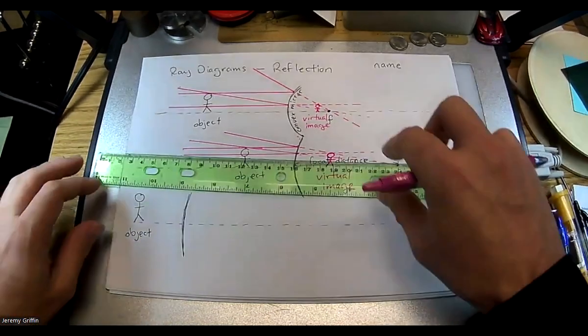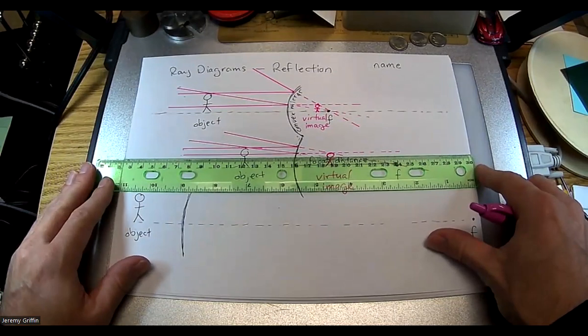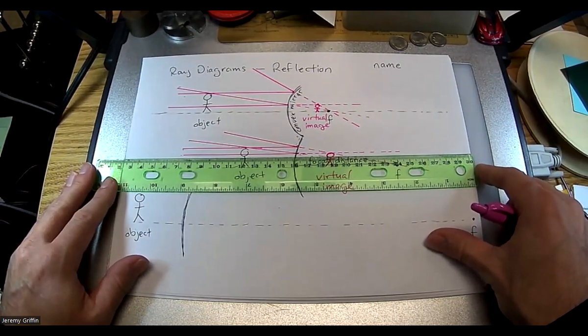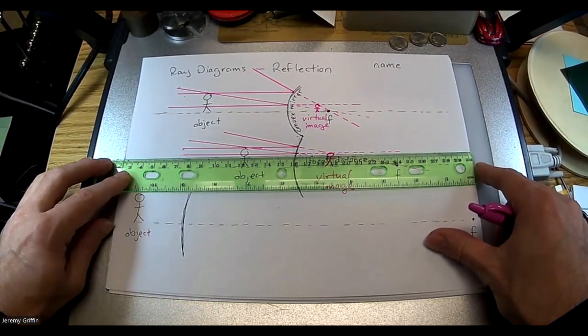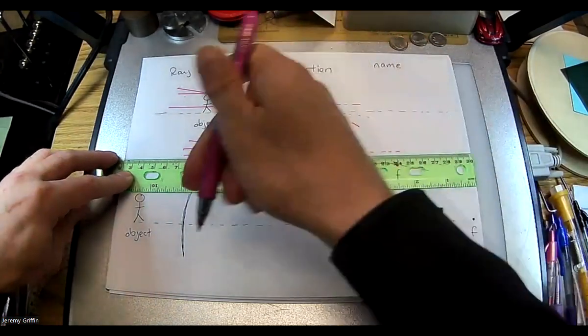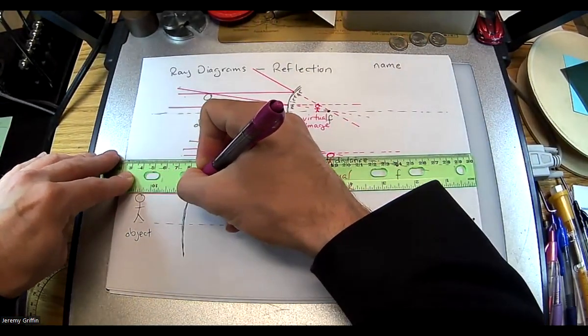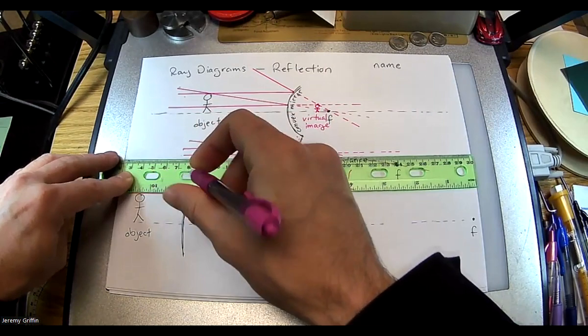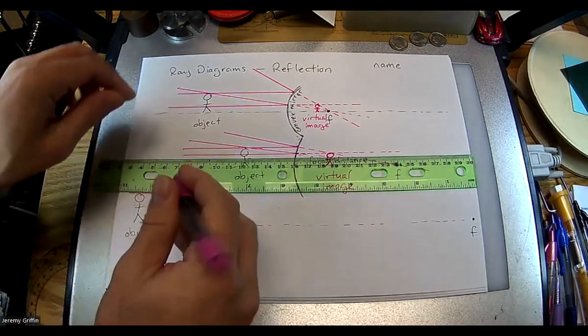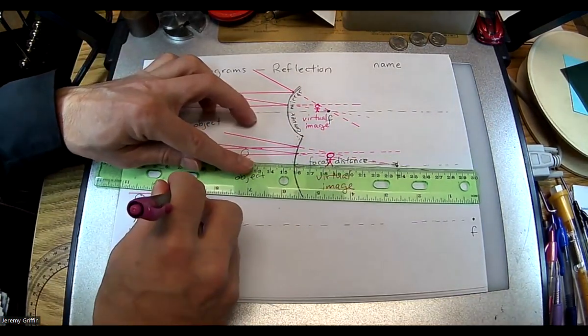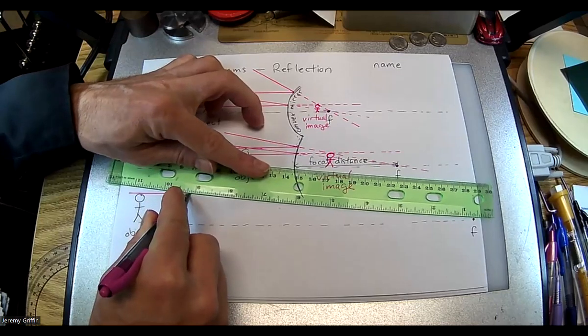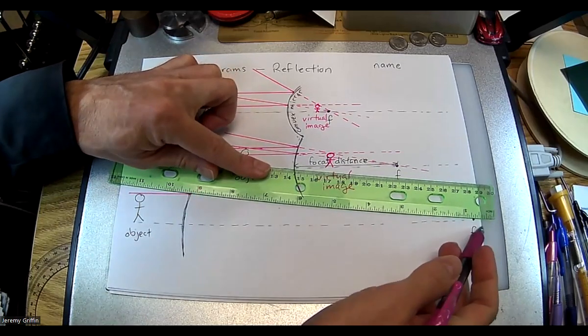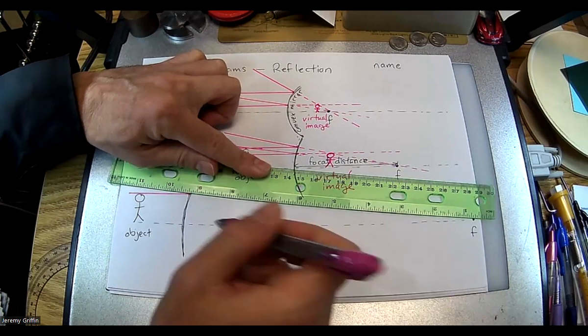Okay. So same method we've been doing all along. Just follow a couple of rays of light. The first ray of light, let's go across the top of his head, parallel to the ground. That's going to intercept this mirrored surface, bam, right there. And then it doesn't reflect exactly straight back because it's not exactly a plane. But if you just turn your ruler a few degrees, then it'll lock in with that focal point.